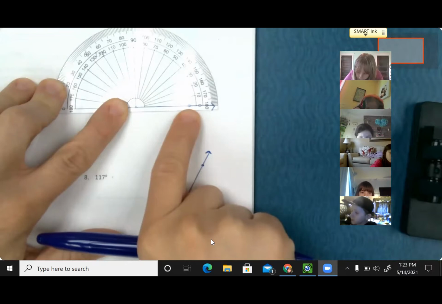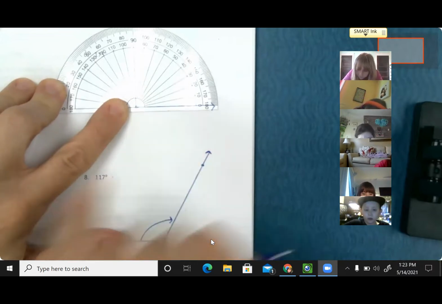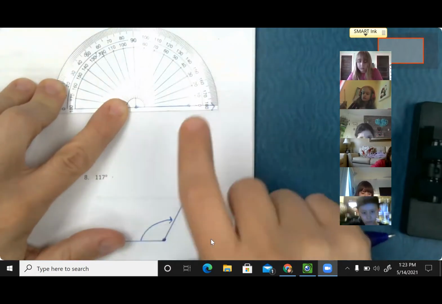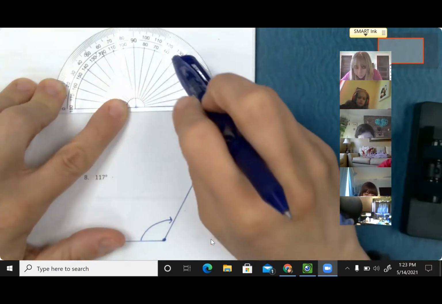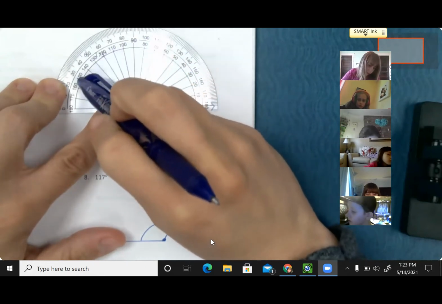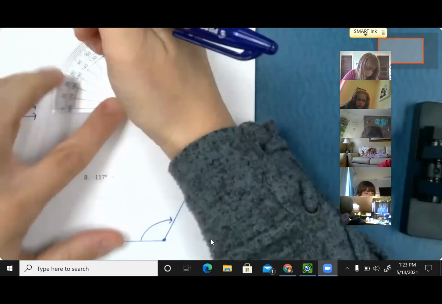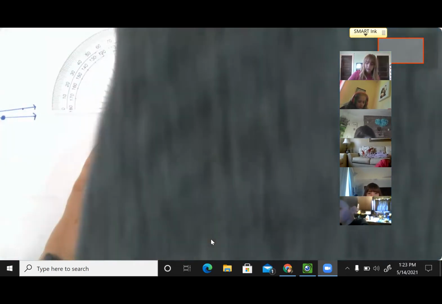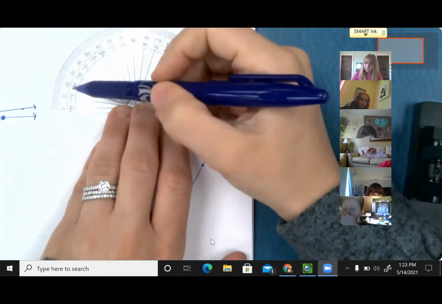Tyler, am I going to be using the bottom numbers or top numbers here? Bottom numbers. Very good, because there's our 0. So I'm going to look for 175. So I'm going the whole way to 90. Continue, 130, 140, 150. Here's 160. Here's 170. Here's 180. So I need to go between 170 and 180, working around the glare.